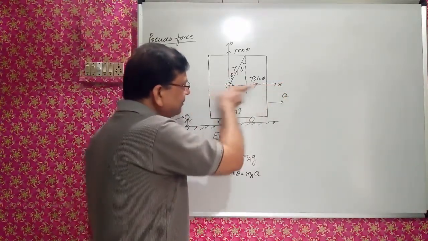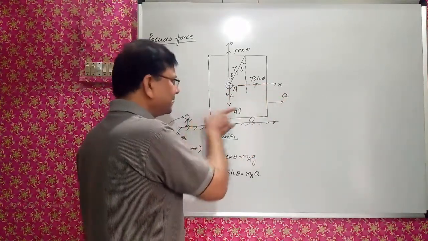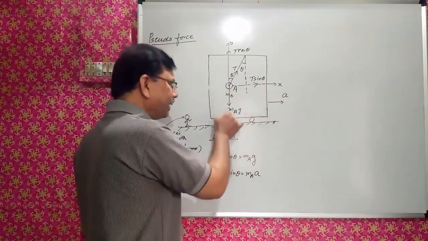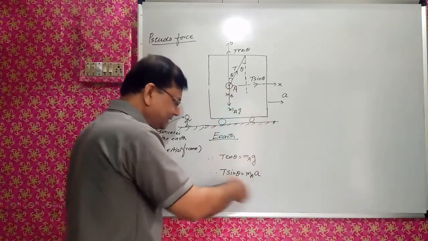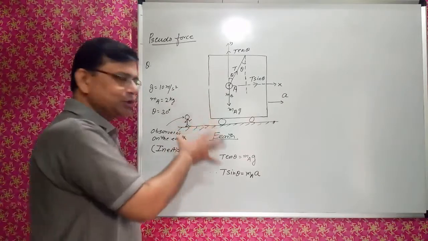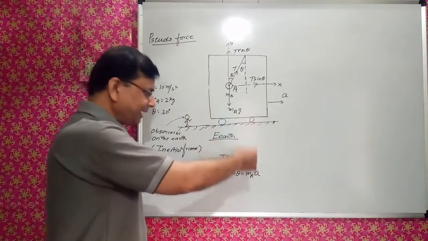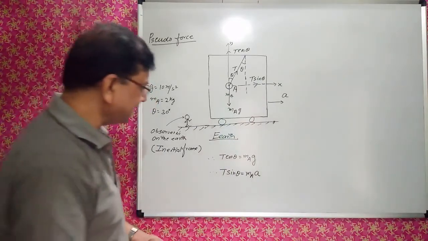So acceleration will be created along the x-axis. That acceleration is a. The observer will say it is moving with the acceleration a. Mass is m, so m into a. This relation we got. If we put the values by this method also, when the observer is in an inertial frame, we got the same relation. So the result will also be the same.